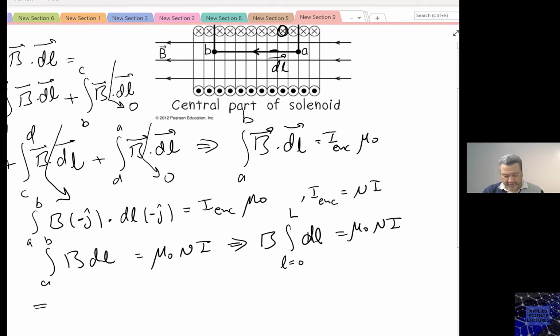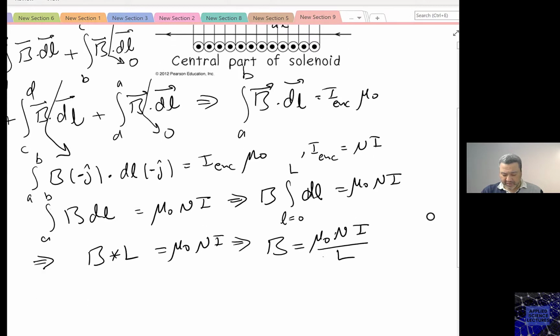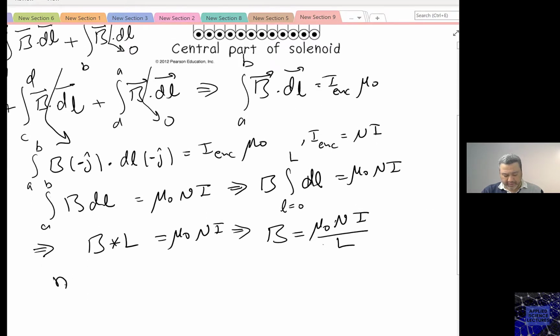And then B times L, the length L, equals mu naught n I. Or I can say B equals mu naught n I divided by L, and then I can introduce a new parameter here, n small letter, that is n capital divided by L, where n capital is the number of turns and n small letter is the number of turns per unit length.